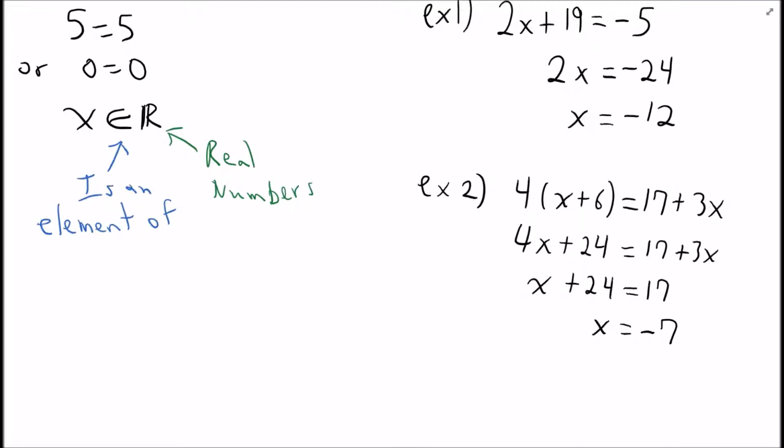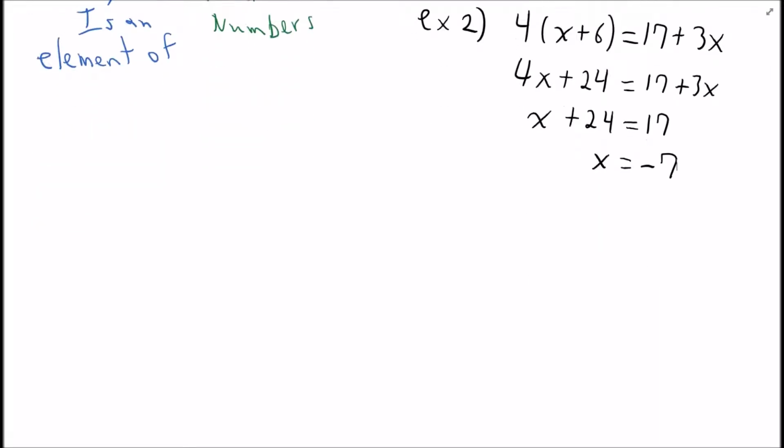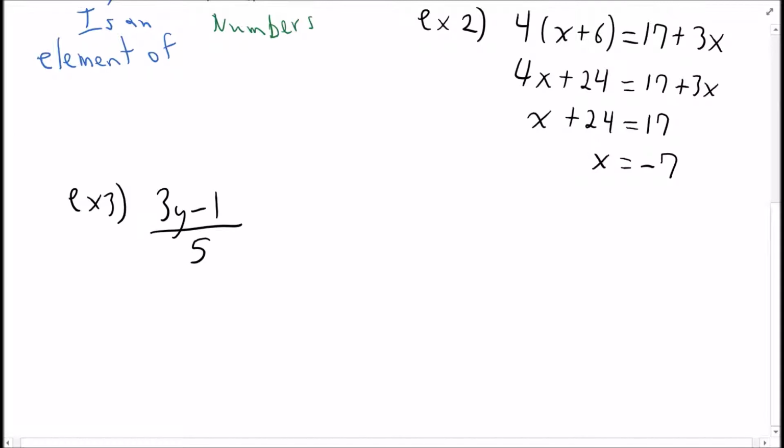For our next example, let's try one with a denominator, some fractional ones. So example 3, and maybe I'll try a different letter. So 3y minus 1 all divided by 5 is equal to 4 minus y over 3.